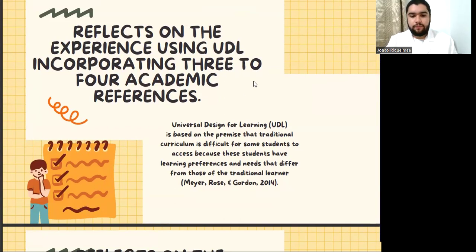Okay, so instead of trying to accommodate the students to the curriculum, we have to fit the curriculum to the student. Instead of trying hard to make the student learn through one way, we can take that curriculum and fit it to the students' learning preferences.